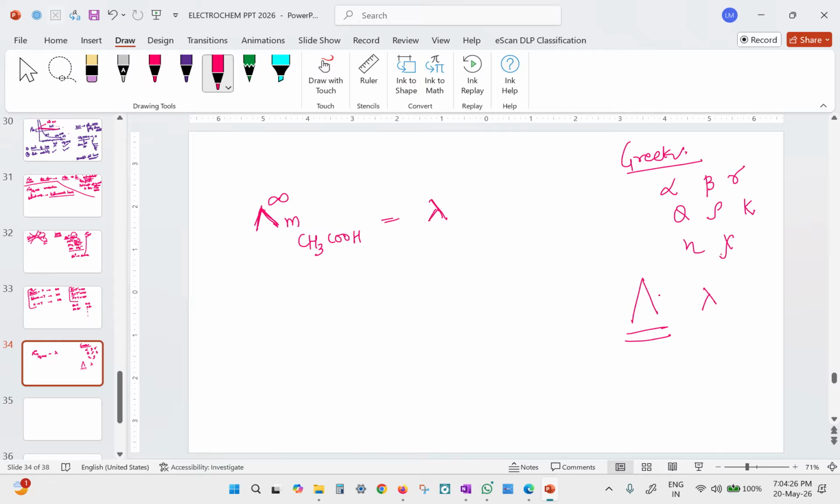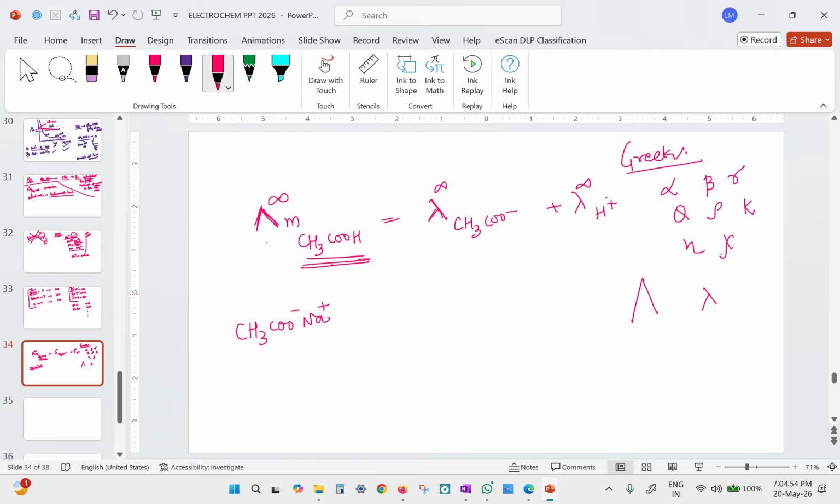Yes, ma'am. So lambda m infinity will definitely be the sum of the contribution of CH3COO minus and H plus, correct? But I know that this is not going to dissociate completely. But I can take something like CH3COONa, isn't it a strong electrolyte? Yes, ma'am.